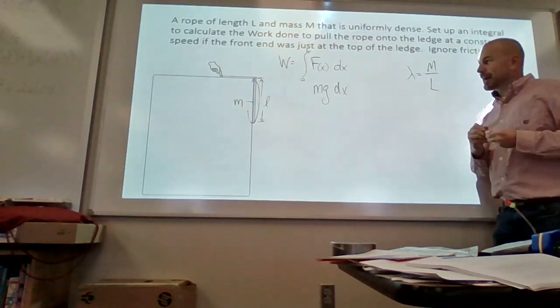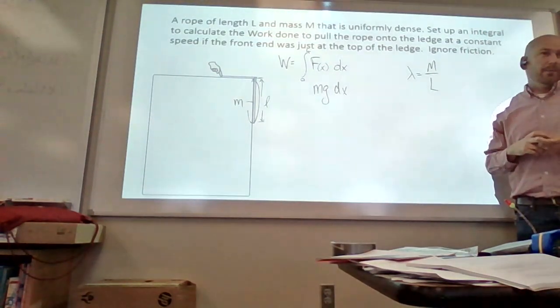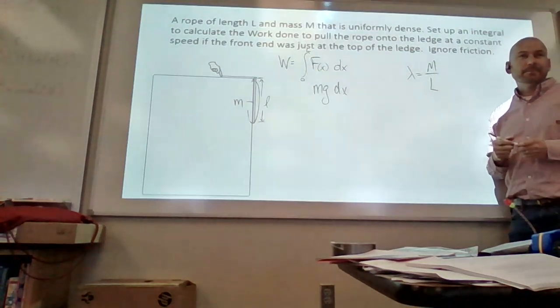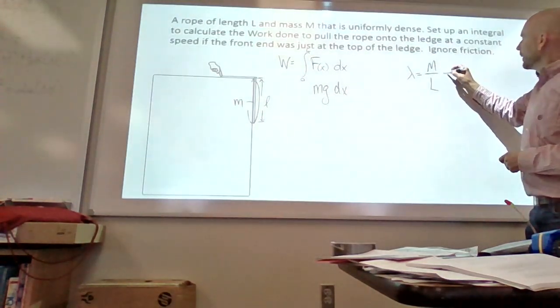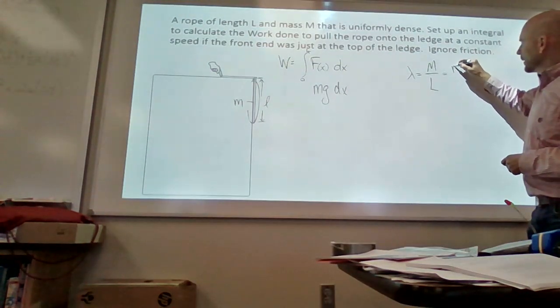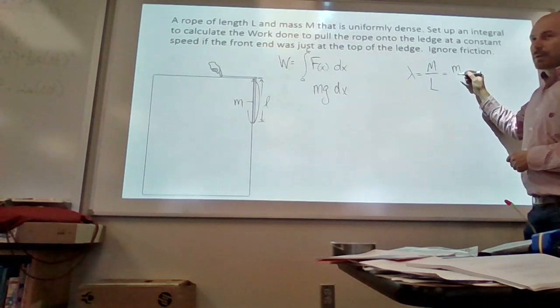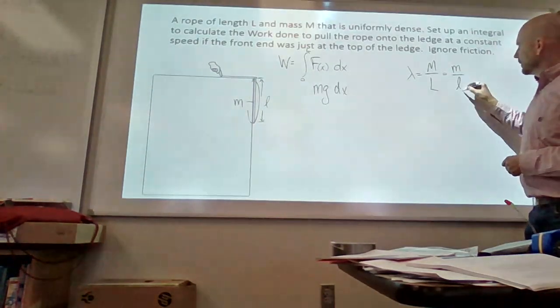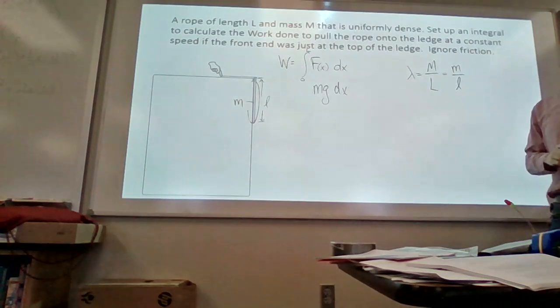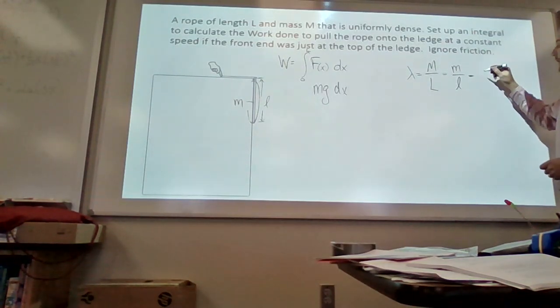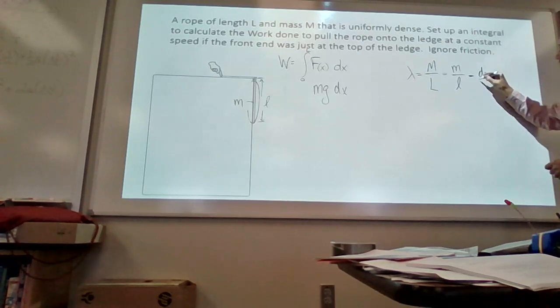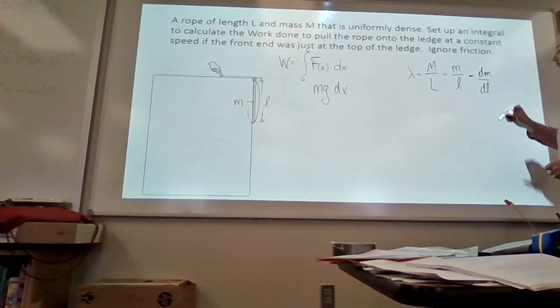This is the entire mass over the entire length. That's why we use capital letters. And this is also equal to the ratio of the suspended part. It's all the same ratio. It's all the same linear density.